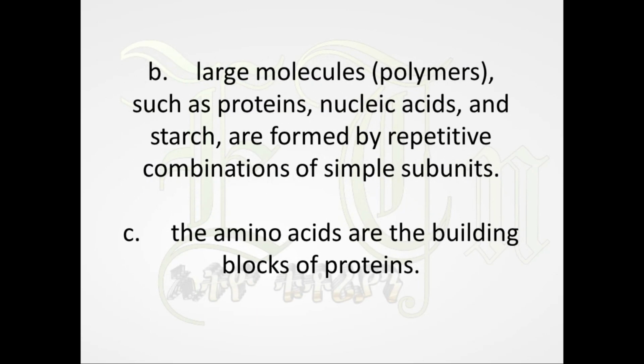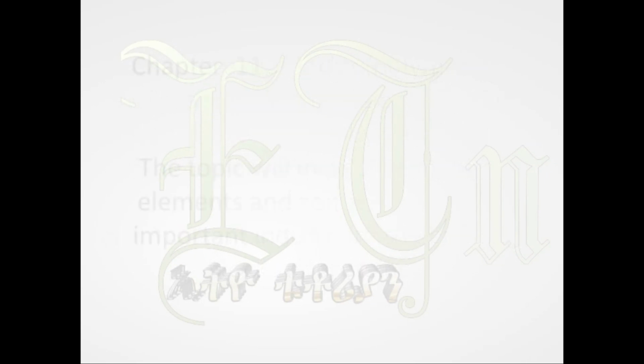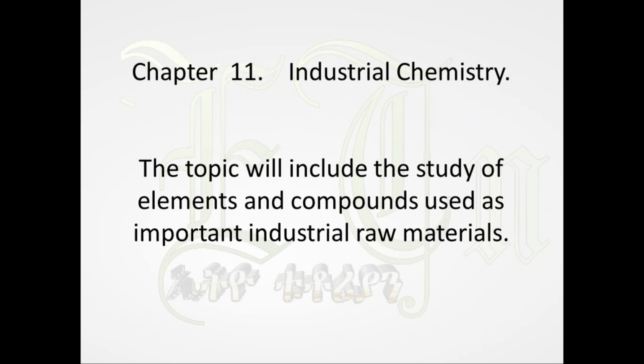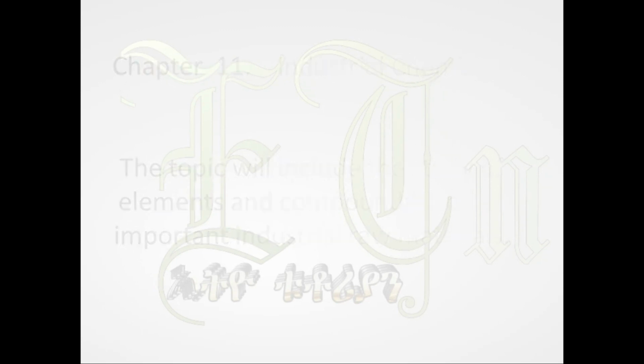B. Large molecules, polymers, such as proteins, nucleic acids, and starch, are formed by repetitive combinations of simple subunits. C. The amino acids are the building blocks of proteins. Chapter 11. Industrial chemistry. The topic will include the study of elements and compounds used as important industrial raw materials.